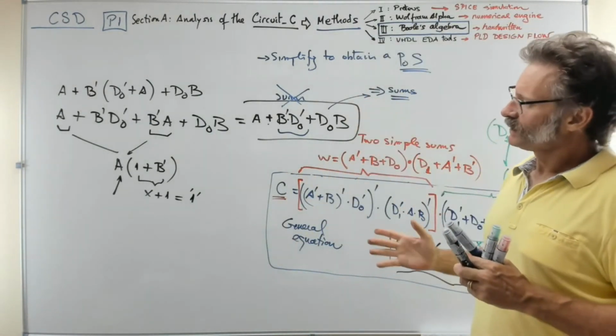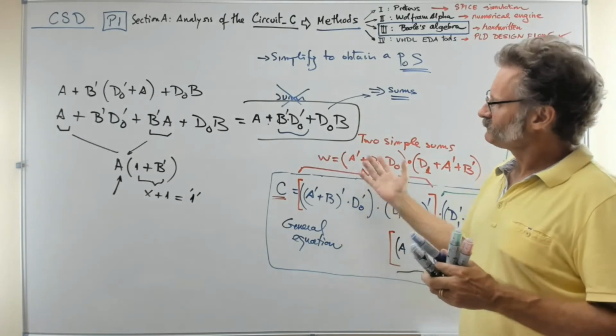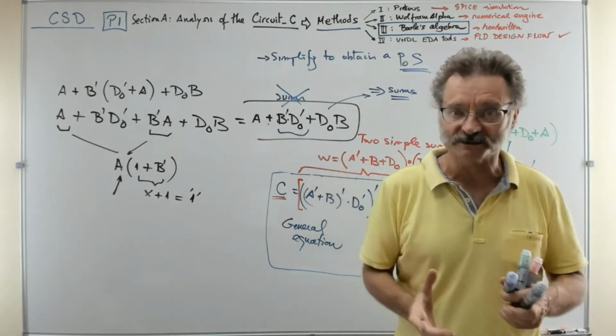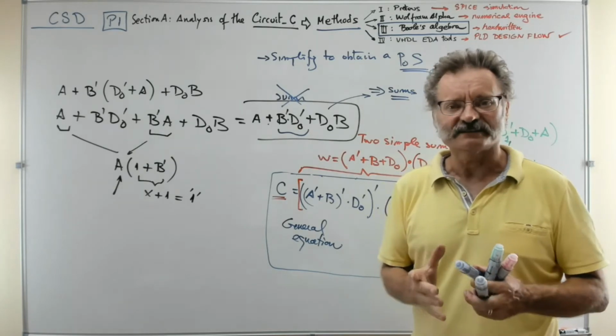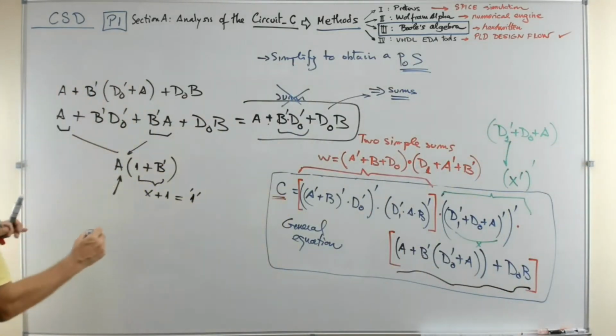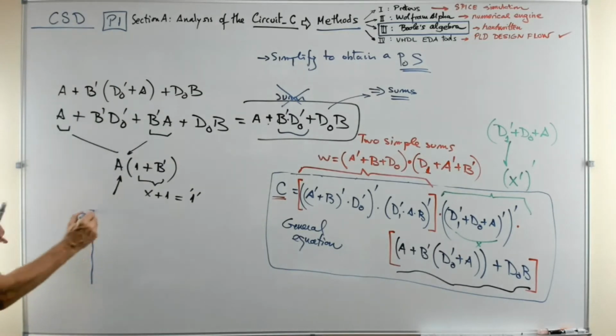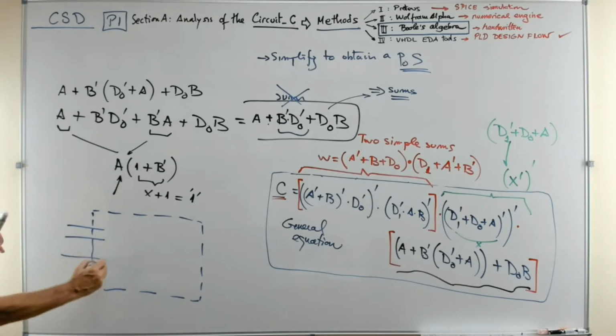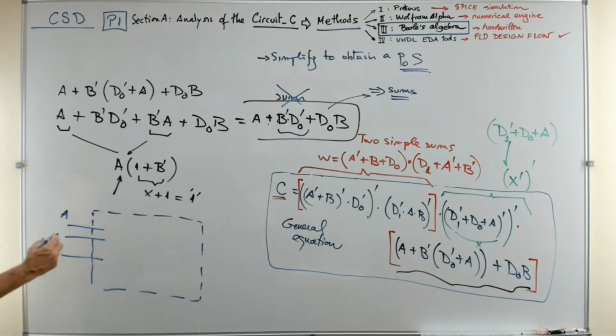Perhaps one way to continue is to imagine that this expression belongs to a circuit, right? Which circuit is this? Well, we can represent this circuit very well. You have a box and you have three inputs, and the inputs you see are A, B, and D0.